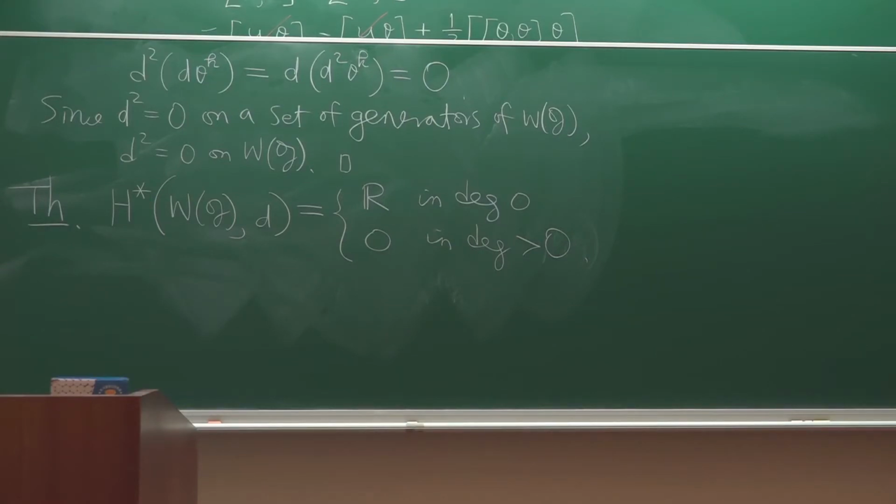There's a way to show that every closed form is exact. Poincare lemma. Yeah. Well, Poincare lemma applies if you have a little open set. In fact, how do you prove Poincare lemma?